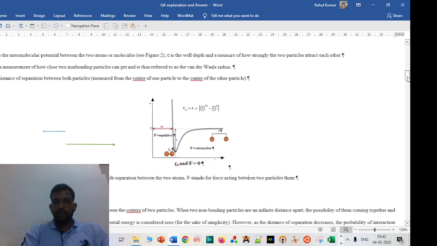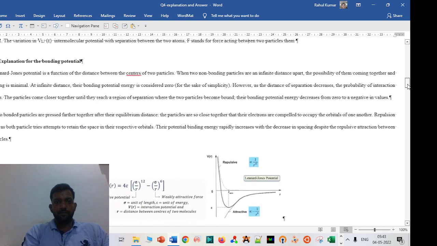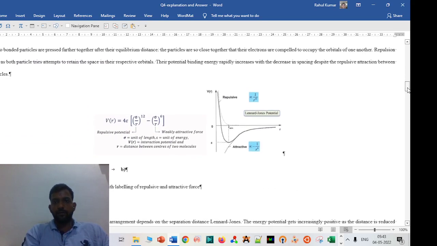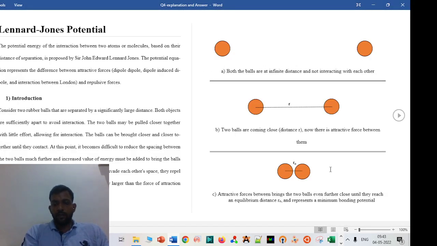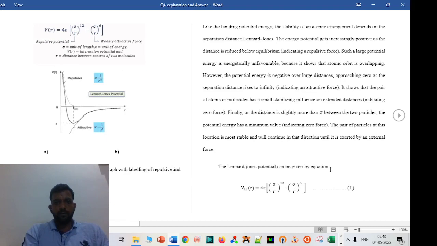So now let's move to a different way of looking at it. Again, the potential is equal to 4 epsilon times (sigma over r to the power 12 minus sigma over r to the power 6).